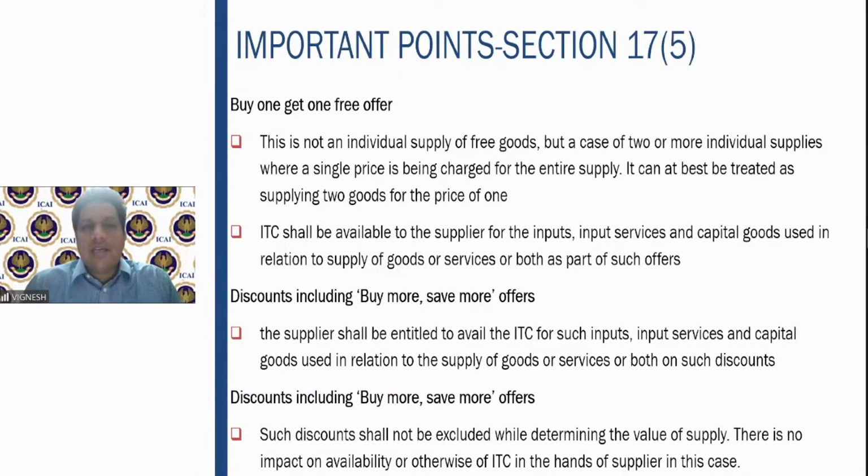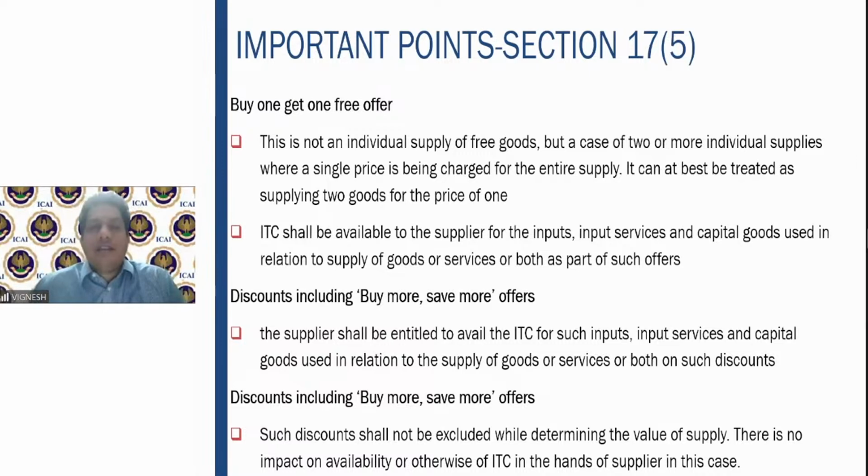For both the toothpaste, the one which is charged and the one which is free of cost, a single price is being charged. Let us assume a toothpaste is 50 rupees. You are getting another toothpaste along with it. That means for both toothpaste together, you are paying 50 rupees. You cannot say that the second toothpaste is given free of cost because you're paying something at the end of the day.